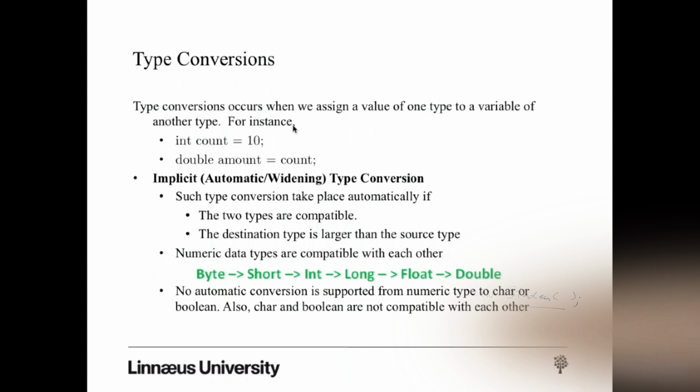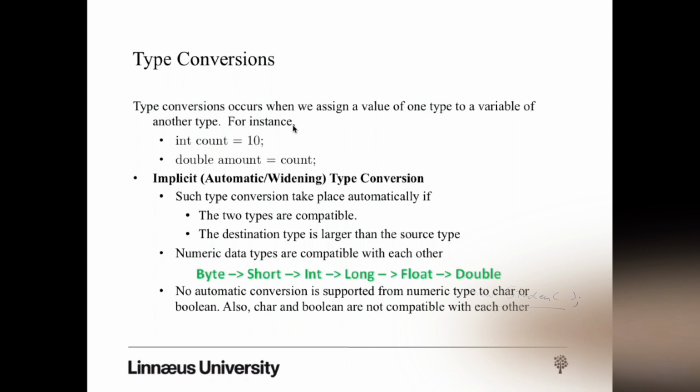So, this process where one type is converted into another type is often called type conversion or typecasting. By default, if you have not specified the type yourself, the types smaller in size, in memory requirements, will be converted into the larger ones.